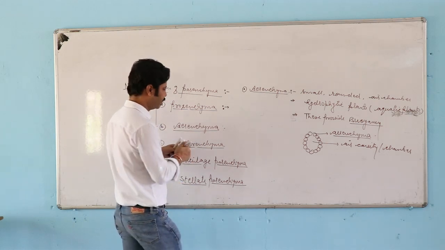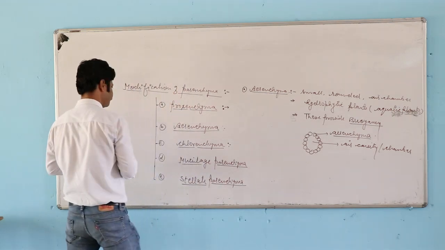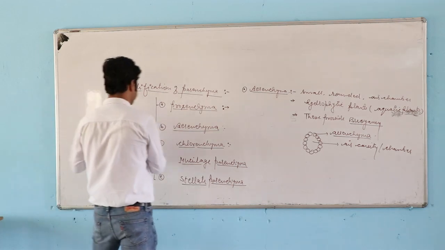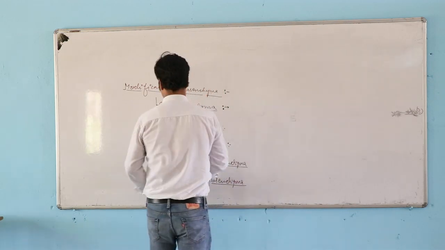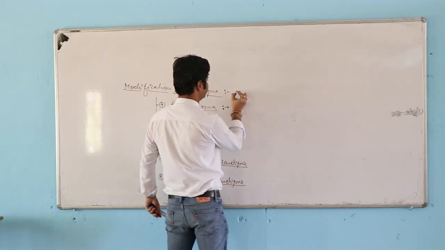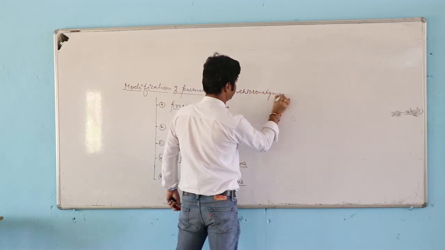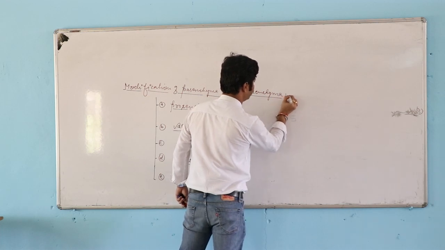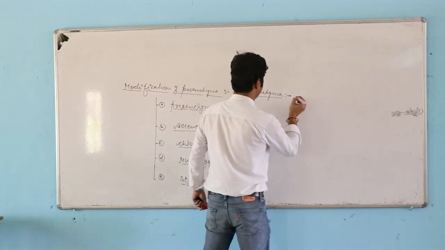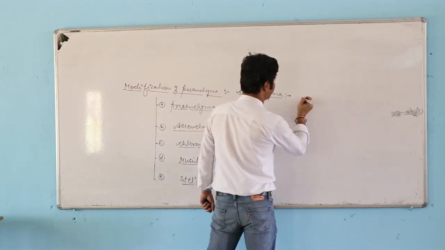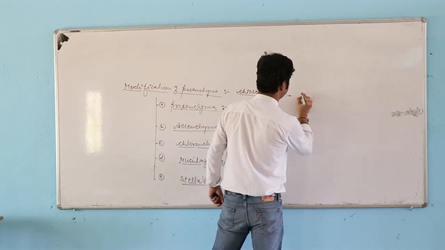Next is chlorenchyma. Basically, the cells of chlorenchyma are elongated, thick-walled and compactly arranged.